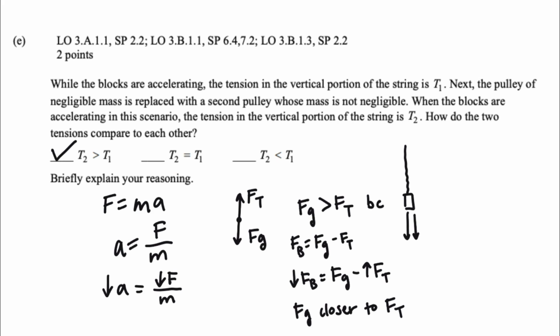So in order for the net force to decrease, the tension force would have to increase, so that the magnitude of the tension force is closer to the magnitude of the gravitational force, and so the difference in their values would be smaller. So that is why the tension force with the pulley whose mass is not negligible should be greater than the first tension force.